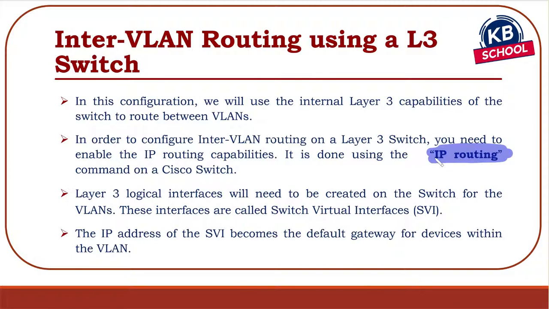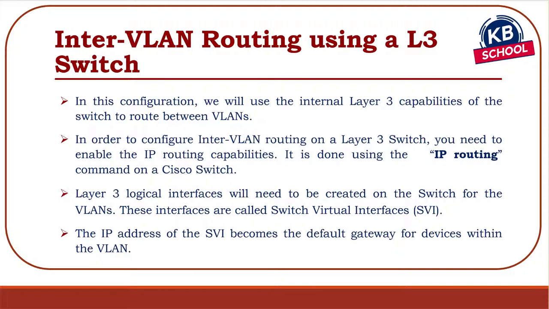Here I need to do it because on a Cisco layer 3 switch, this capability is not on by default. Once it's done, I need to create the layer 3 logical interfaces, which are your router interfaces. These interfaces are called switch virtual interfaces, SVIs. The IP address of the SVI becomes the default gateway for the devices in the VLAN.